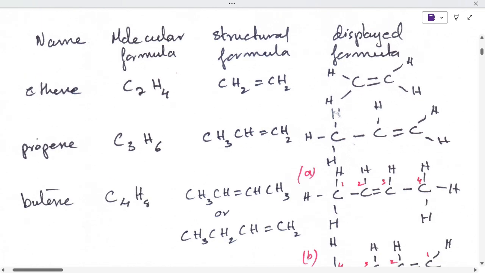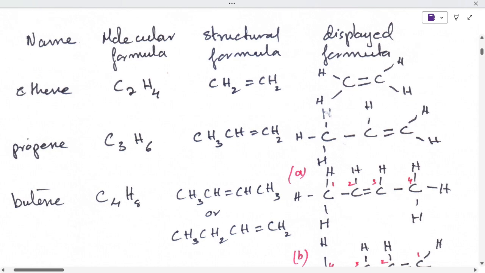Now I have drawn a table where I have written their names, molecular formulas, structural formulas, and displayed formulas. Now this displayed formula is sometimes written as full structural formula.